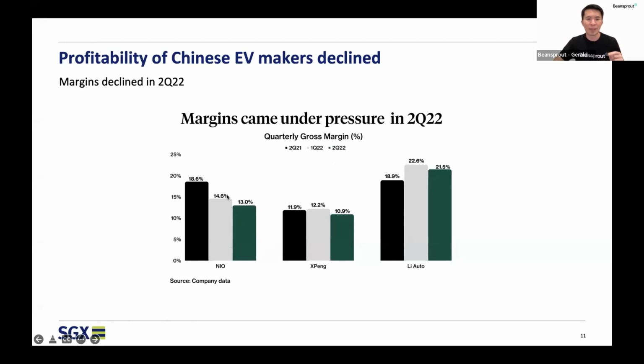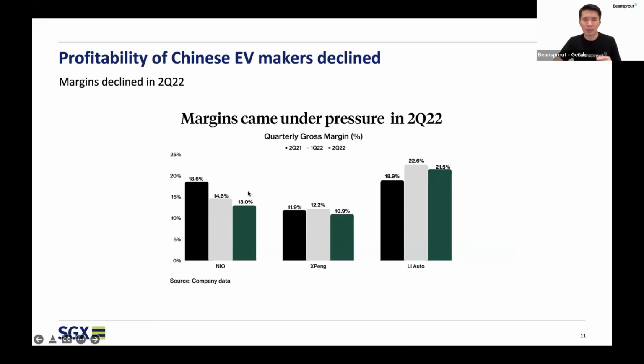And if I even compare that to the fourth quarter of last year, it is a more significant decline because it managed to achieve 18.6% margin in the fourth quarter of last year. So not only the deliveries actually came down, the margins were also impacted because of these supply chain constraints, which is why investors actually sold down the shares of the Chinese EV makers.